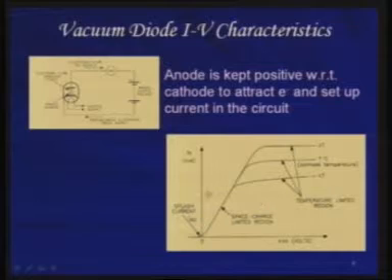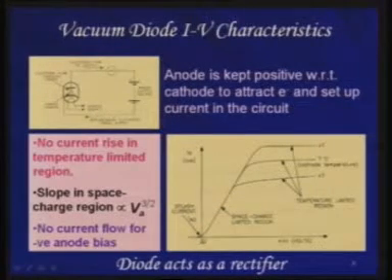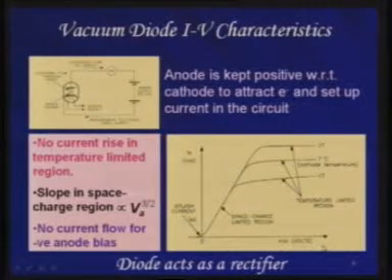What we have done here is the same thing I just explained. Here on the x-axis is the anode voltage, and on the y-axis is the current. As I told you, when we don't have any voltage applied to the anode, we have a very small current.